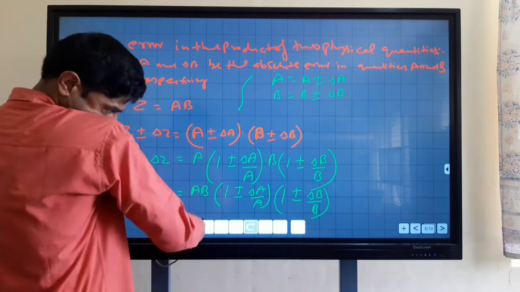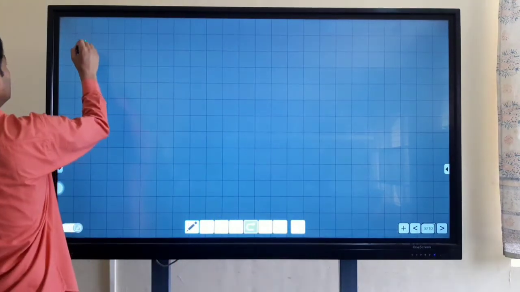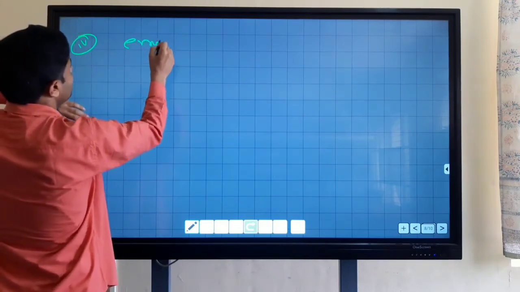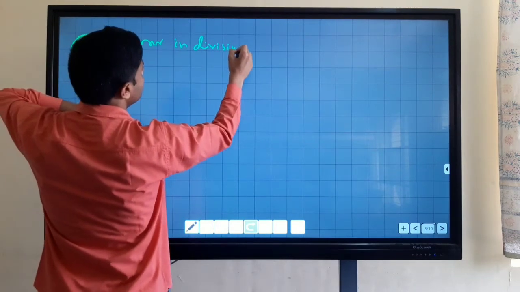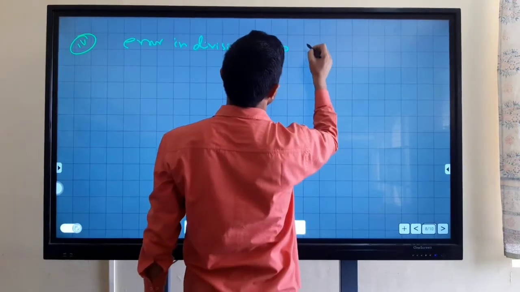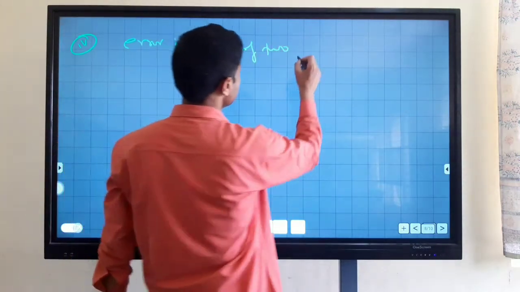Similarly, error in division of two physical quantities. Error in the division of two quantities.